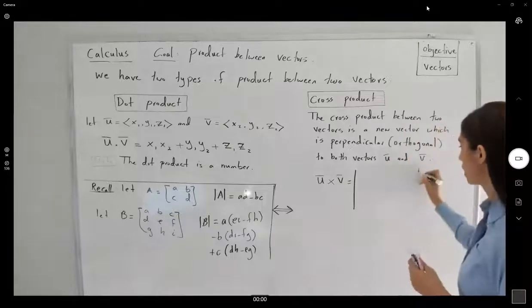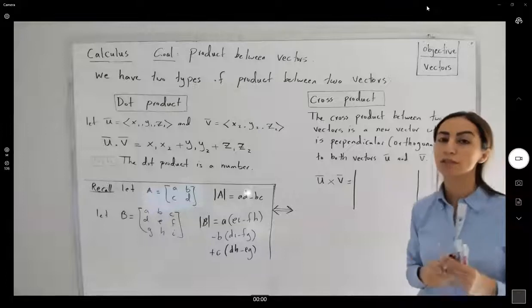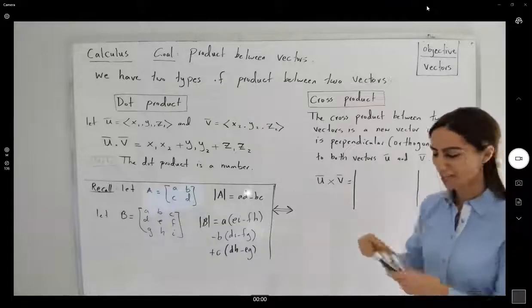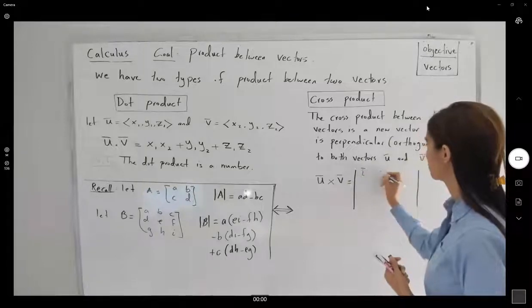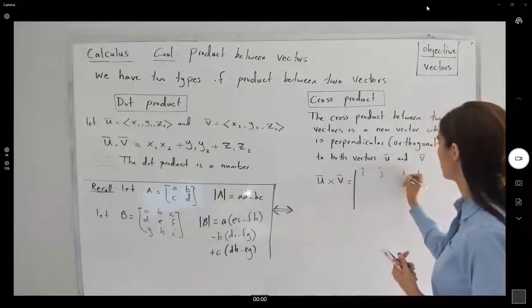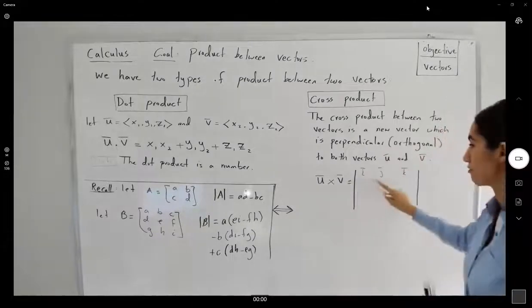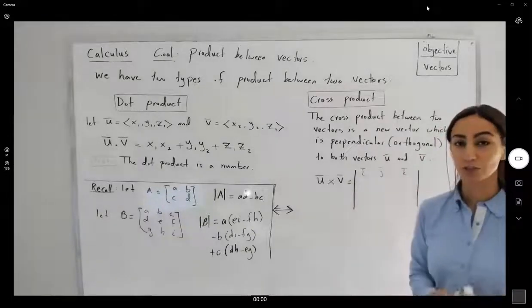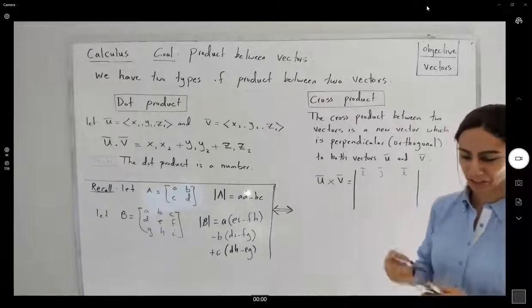On the very first row, we're going to use the standard vectors i, j, and k. This is always fixed. On the first row, we're going to use the standard basis vectors.